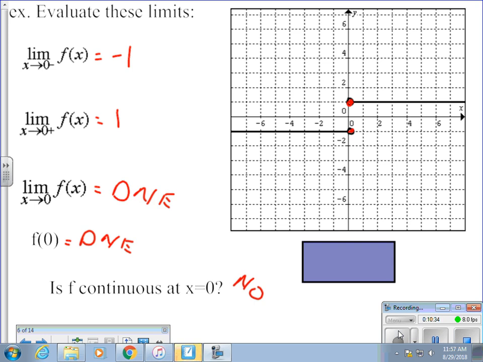It's not a function. And the definition of continuity is a function is continuous. If it's not a function, we can't apply the definition of continuity to it.